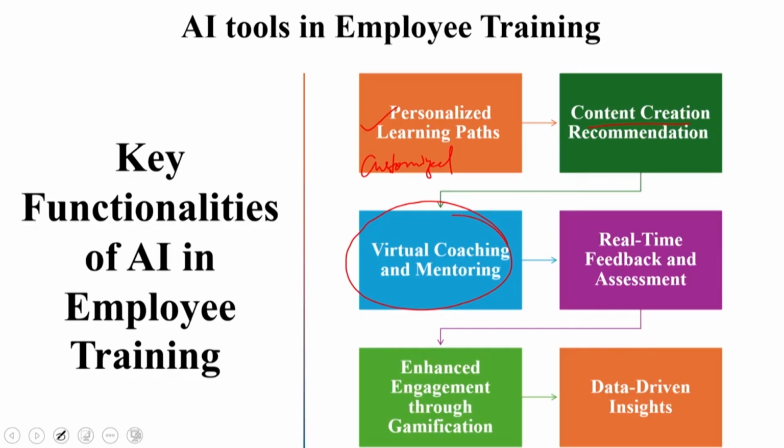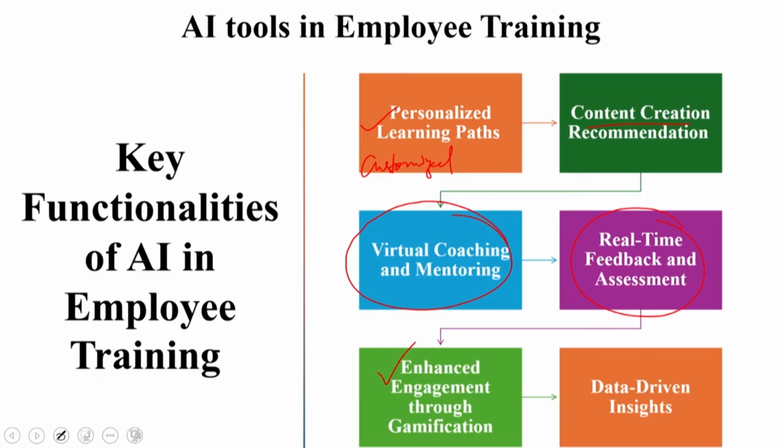There's also a possibility of real-time feedback and assessment with respect to training. AI tools can provide immediate feedback on employee performance during training sessions. So this typically allows employees to understand their strengths, their weaknesses promptly, and it effectively facilitates continuous improvement. When you look into AI tools in employee training, the functionalities of that, you have to also acknowledge that there could be enhanced engagement through gamification.